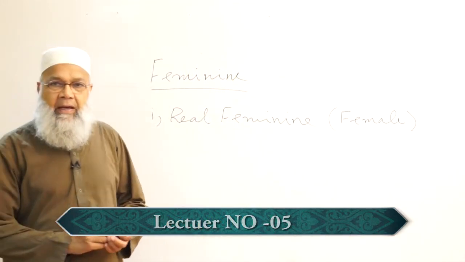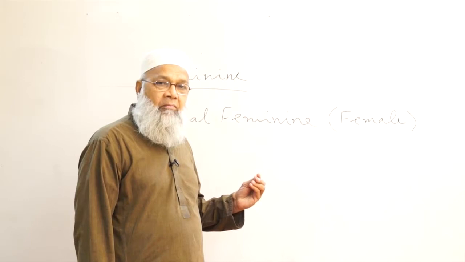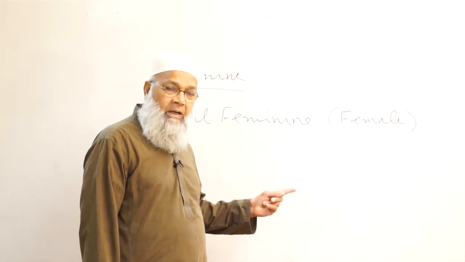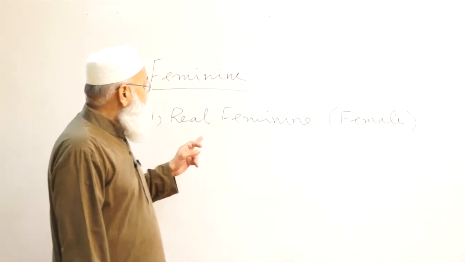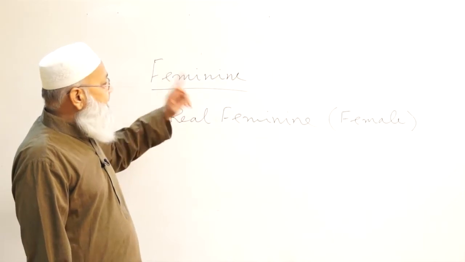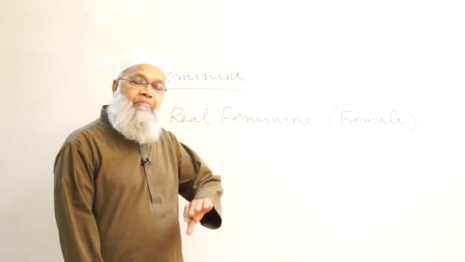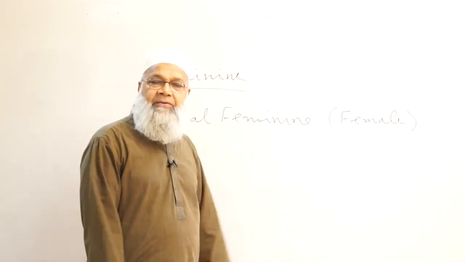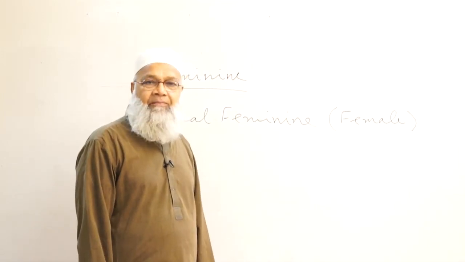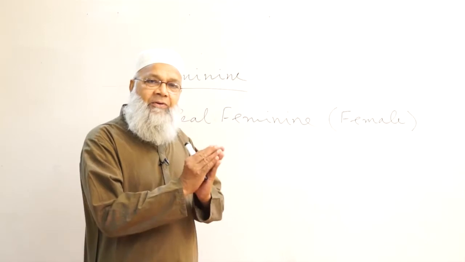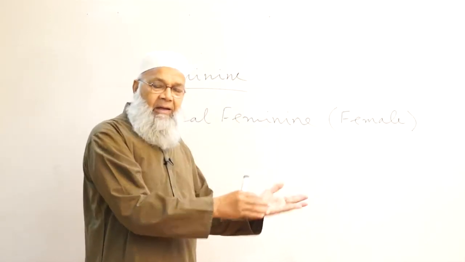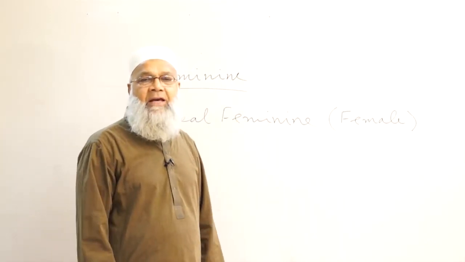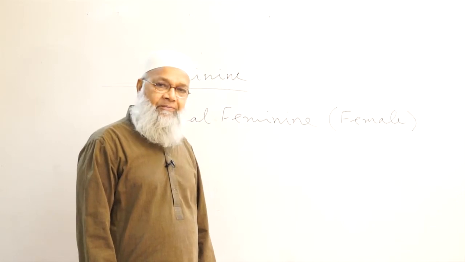Every feminine noun which has its parallel masculine ultimately should be a female. You know, a female always has an opposite male, and a male always has an opposite female.